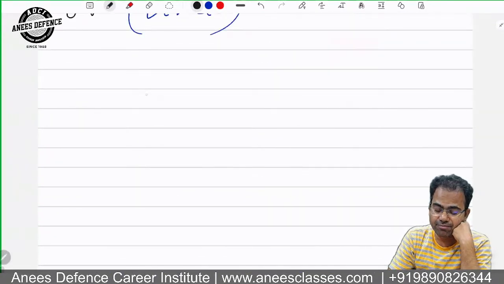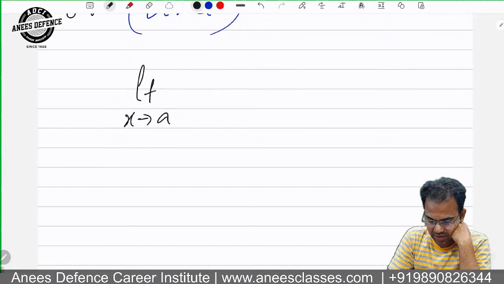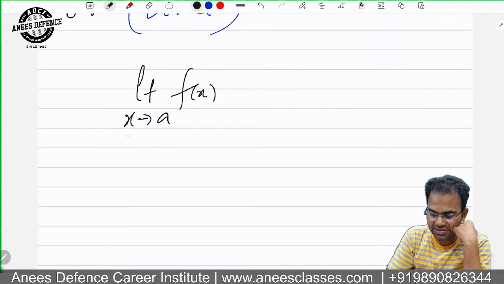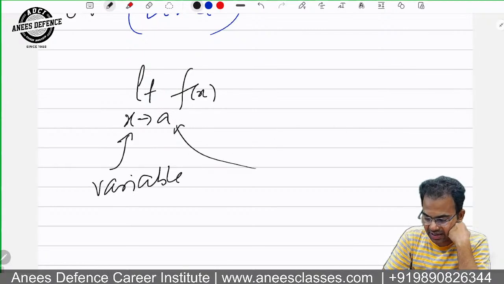So if you have x tends to a, this x is the variable and this a is the limit point.